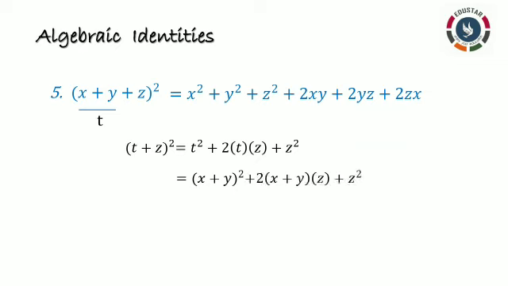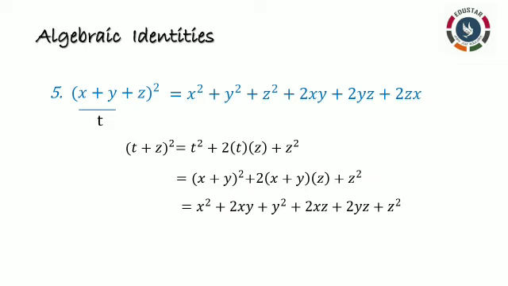So we will get (x + y)² + 2(x + y)z + z². Now, see the step clearly. We are having (x + y)², so apply the first identity here.